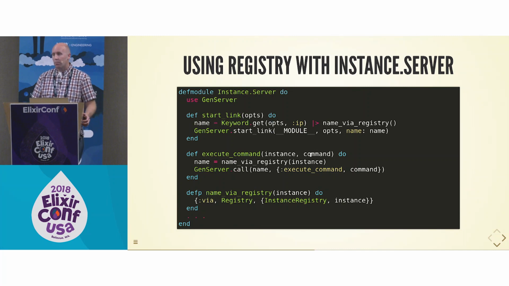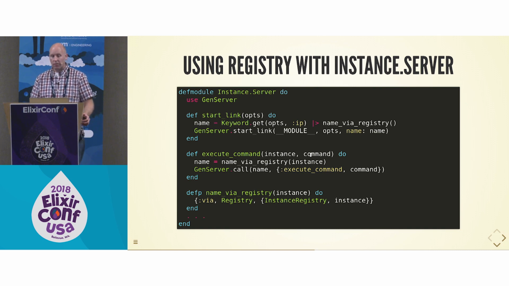So now we need to go back and modify our instance server. And another neat feature of the registry is that we can register named processes using a via tuple. So you can see at the bottom, I've created a name_via_registry private function. I'm passing in the instance name, and I'm returning the tuple that's going to be used to register that named process.